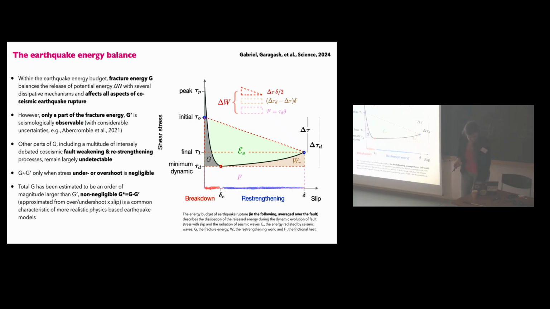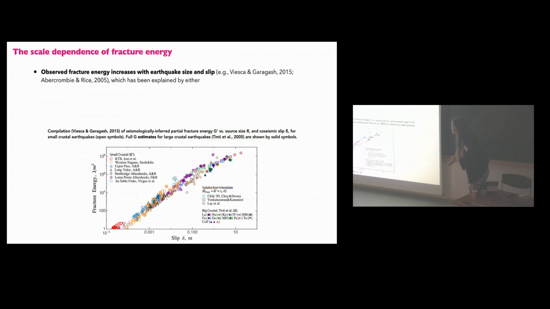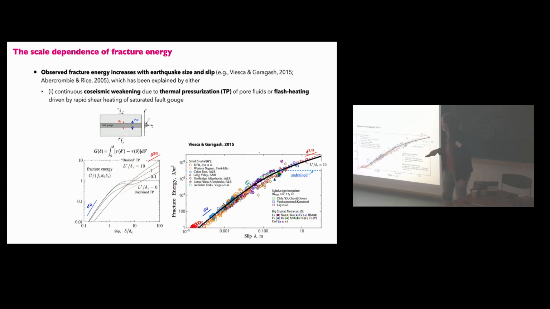And that's also a common characteristic of more realistic earthquake models from analytics and rupture dynamics. This is a plot from Viesca and Garagash where they show that fracture energy scales with slip. So observed fracture energy increases with earthquake size and slip. And there are two competing explanations for that.